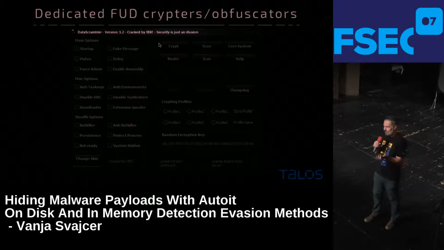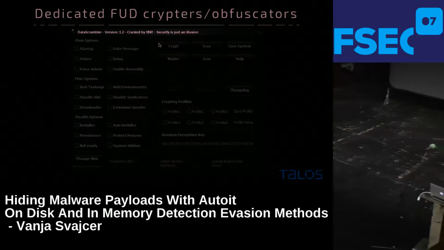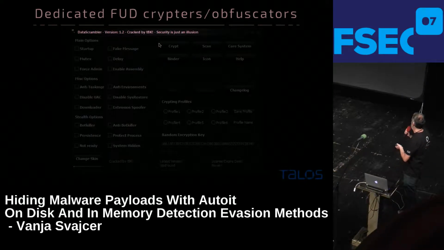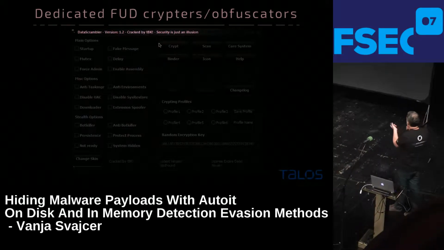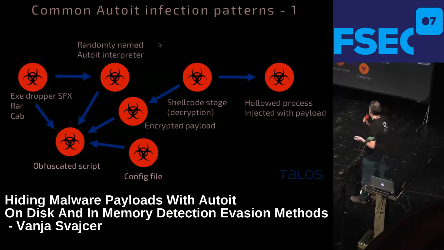Of course, there's no such thing as fully undetectable malware, but let these guys think that there is. Sorry that this screenshot is not great. It seems the projector is not working well, but this is the user interface of an obfuscator called Data Scrambler that seems to be very popular and is used by the example which will be shown later.